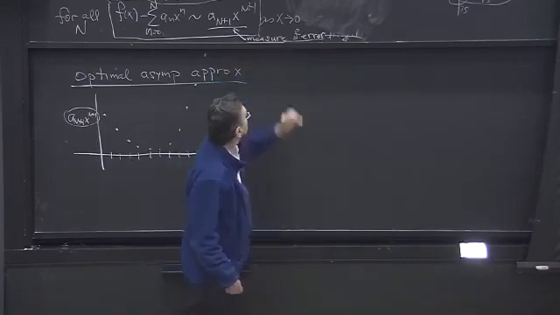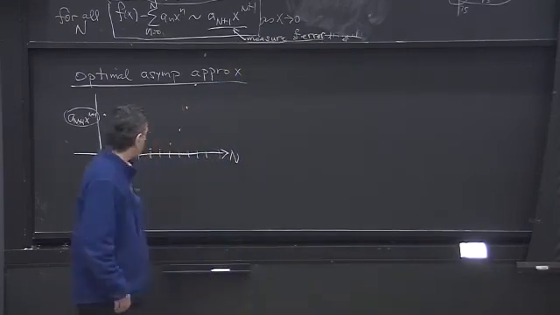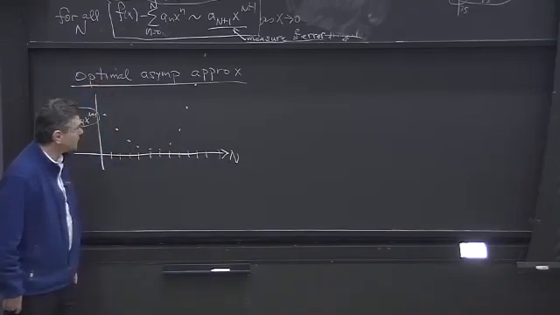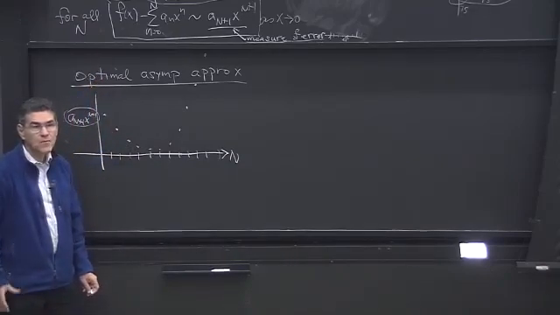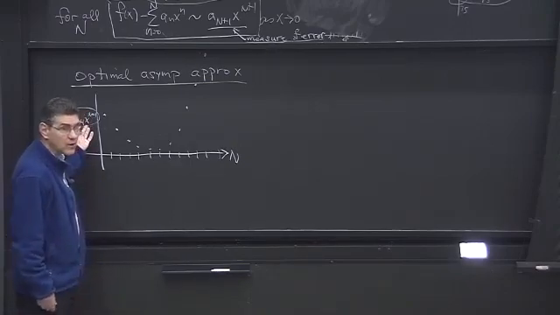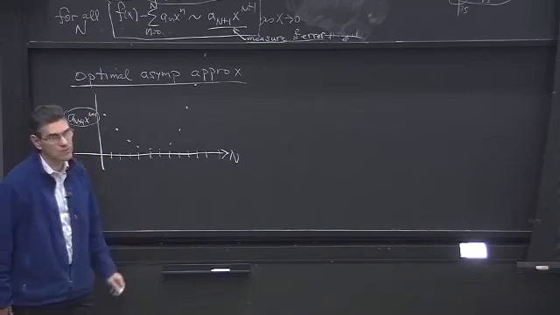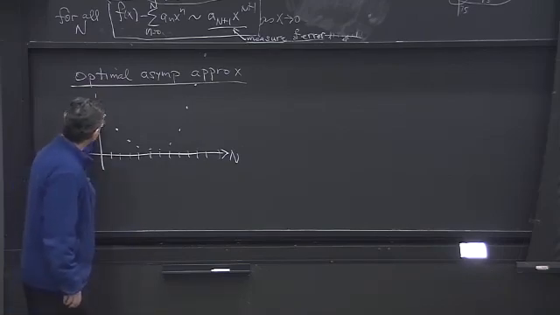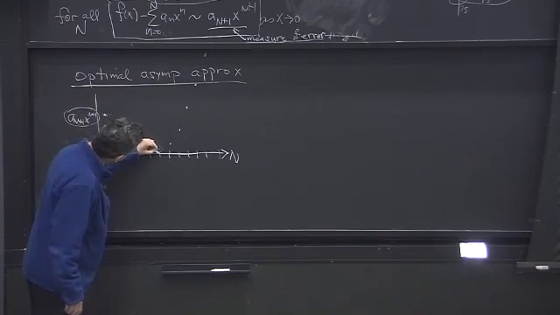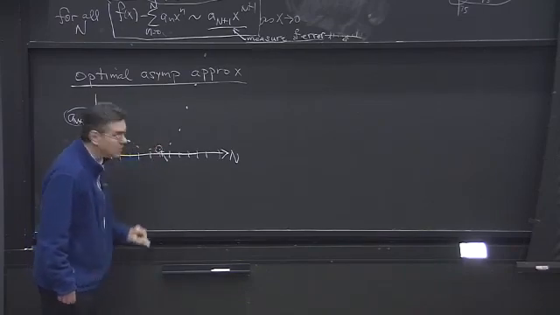Therefore, if you're trying to calculate this function f of x for a particular value of x, 0.1 or something like that, then you make a plot of these terms and you say, that guy is the smallest guy.